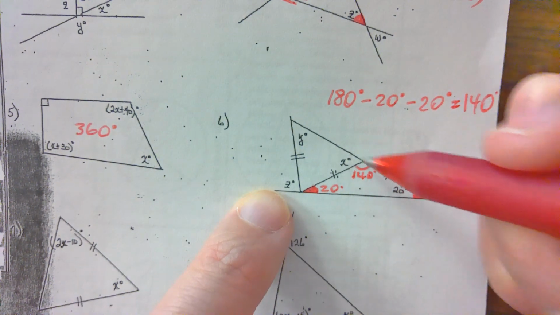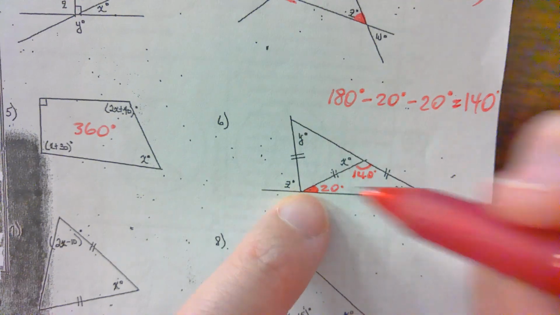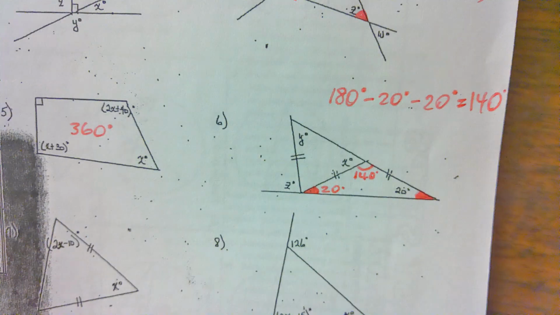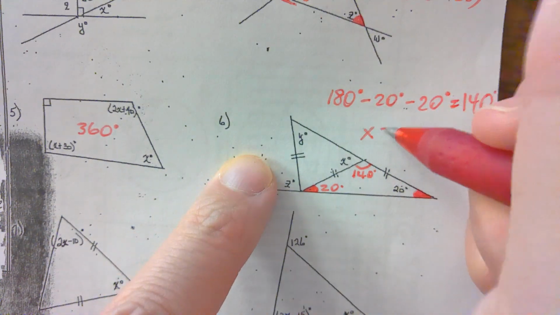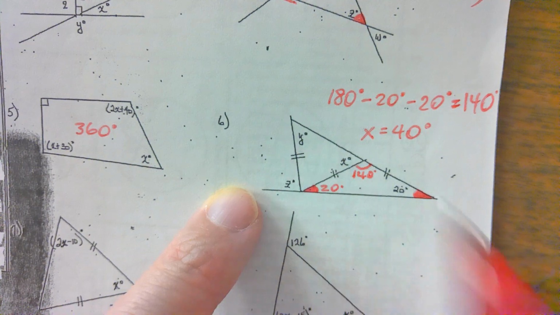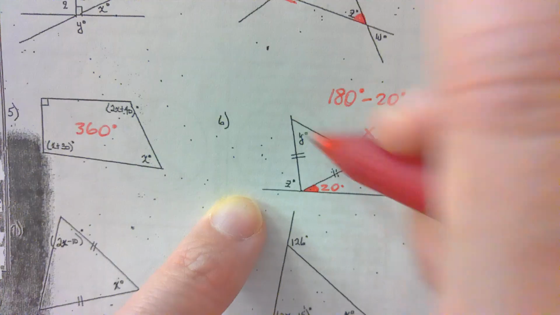Because either one is a supplementary angle or exterior angle theorem. The two inside angles add up to give you your exterior. So x equals 40. And then if x is 40, that means y is 40, because again, this is another isosceles triangle.